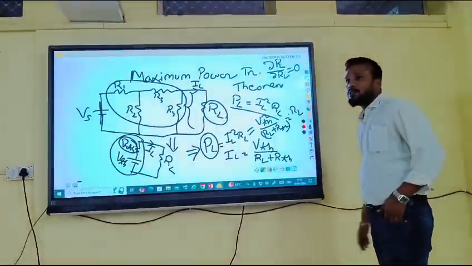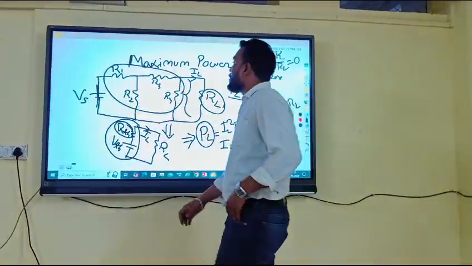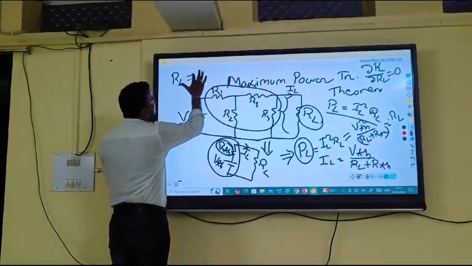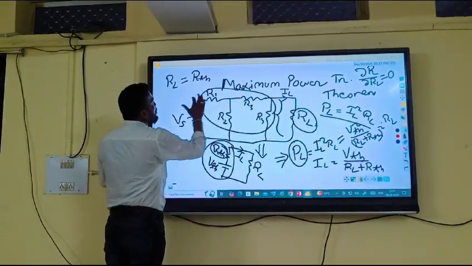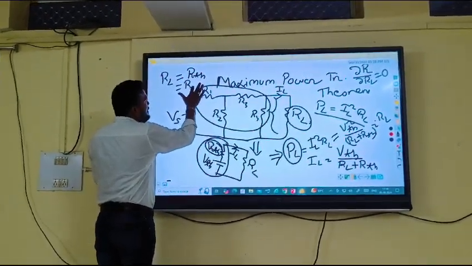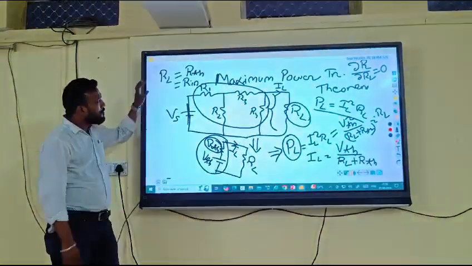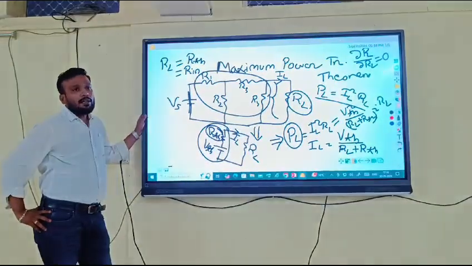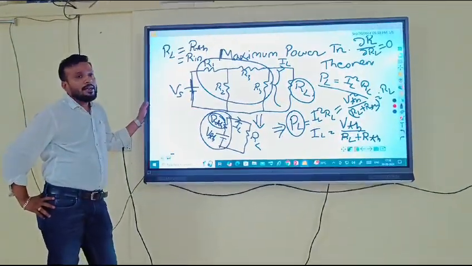From this mathematical formulation, we find that RL should be equal to RTH, the internal resistance. Only under this condition will the power supplied to the load be maximum.